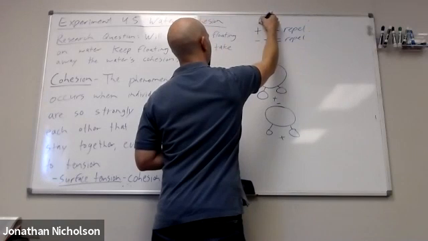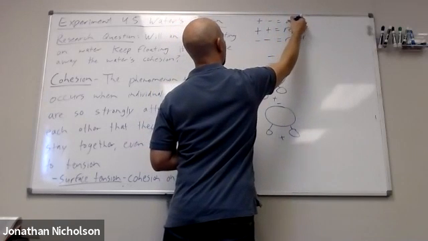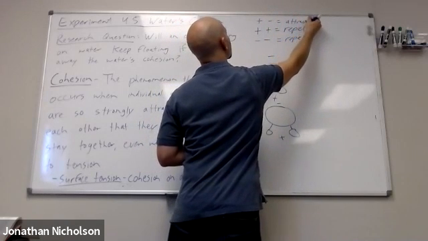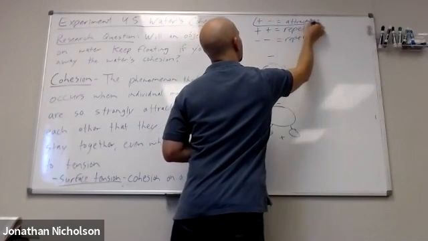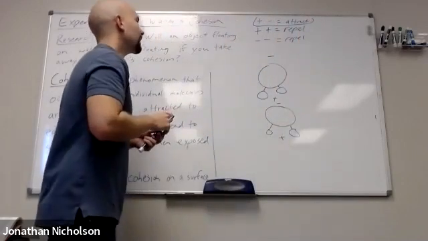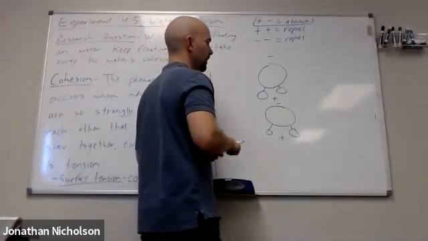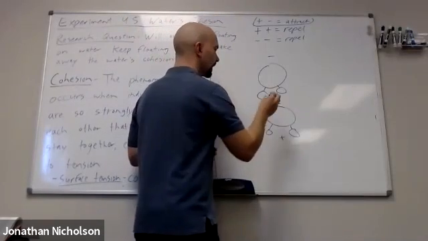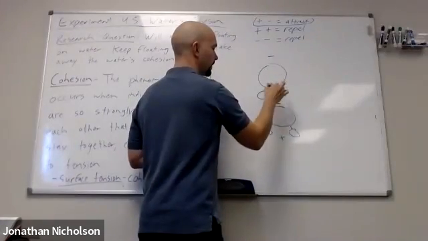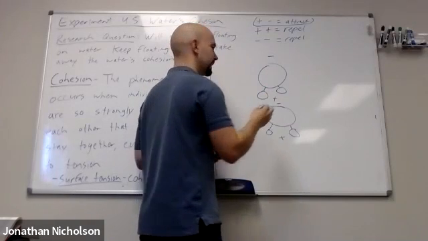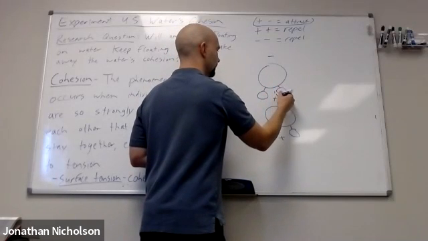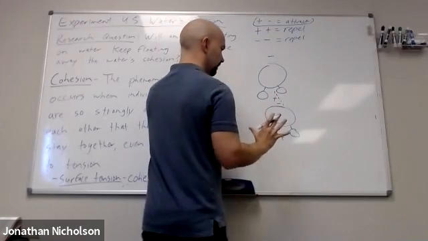But a positive and a negative together will attract. What this means then is when you have water molecules that are close to each other, then the hydrogen side of one molecule and the oxygen side of another will attract to each other.